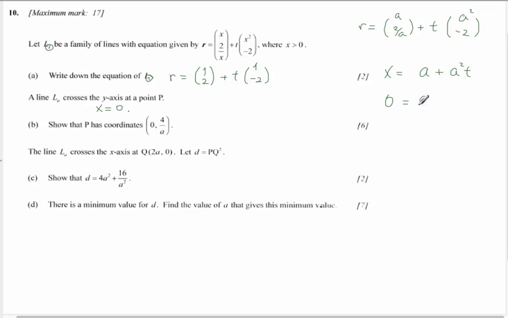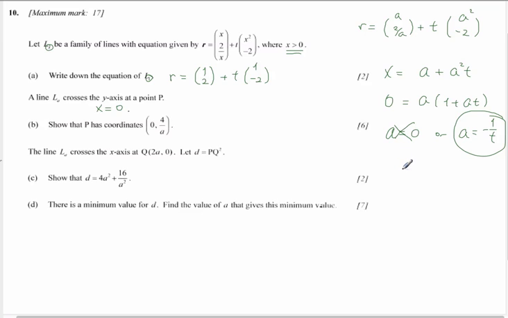I'm going to factor out a. So if you solve for this, a could be either 0 or a could be negative 1 over t. And we know that a cannot be 0 because all the x coordinates here are greater than 0. So that's not it. So a must be negative 1 over t.